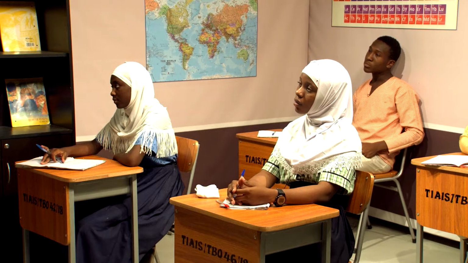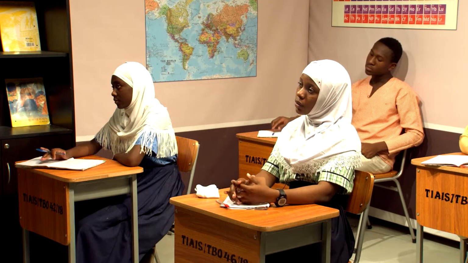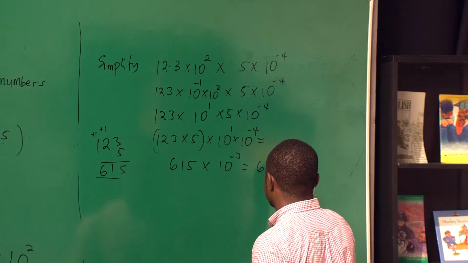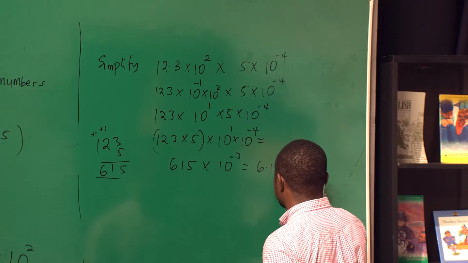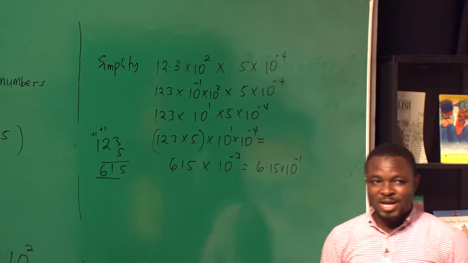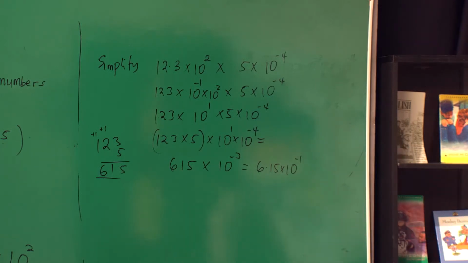So write it in standard form. 6.15 times 10 exponent negative 1. Are you okay? That's 615. You can write it as 6.15 times 10 exponent positive 2.